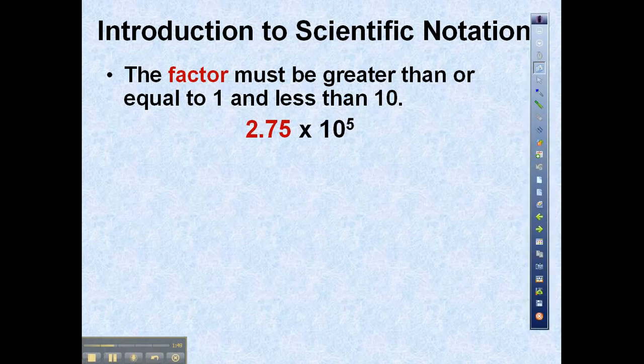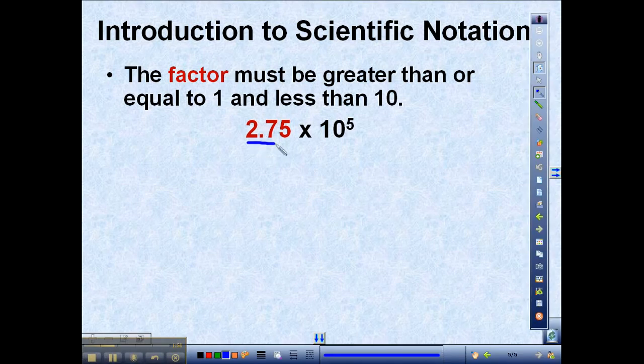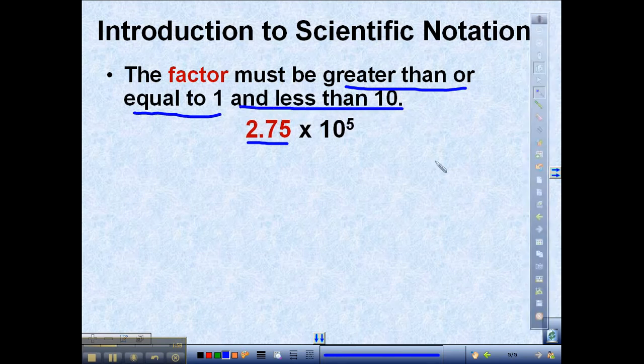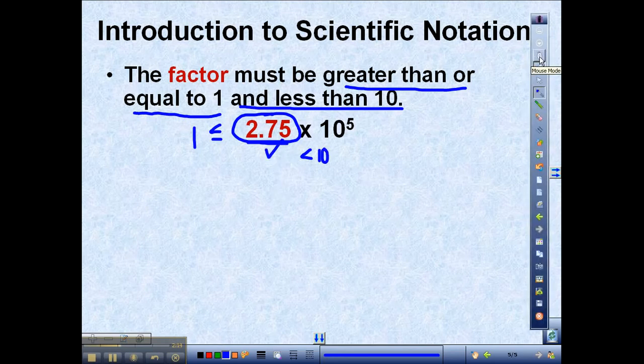The rule is this factor, the number that's out front, must be greater than or equal to 1, and at the same time it has to be less than 10. That's the rule that we're all going to play by. So this number here, 2.75, is greater than or equal to 1, and at the same time it's less than 10. So that's the proper way to write a number in scientific notation.